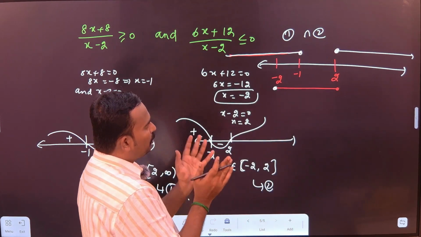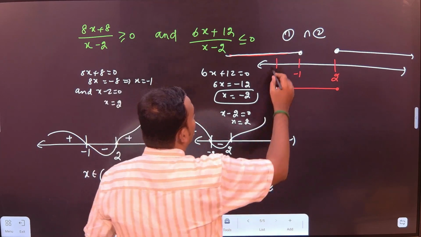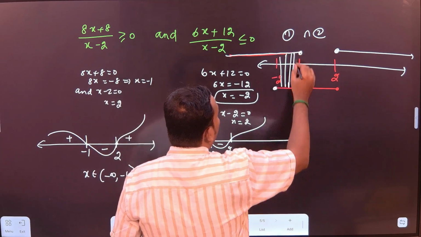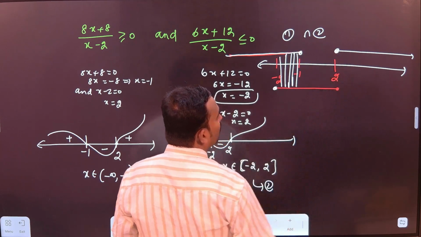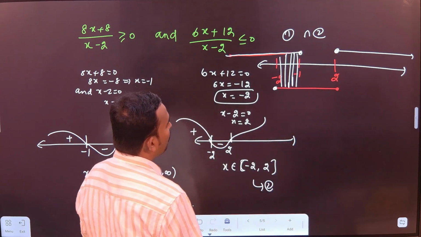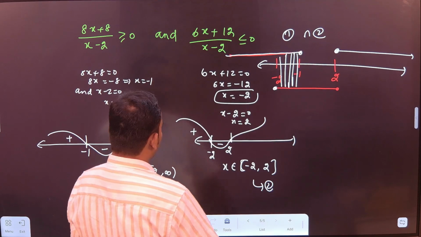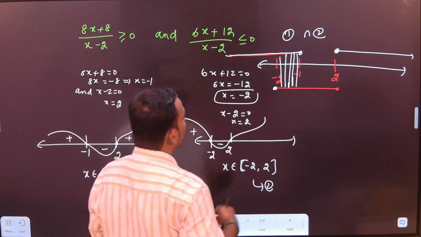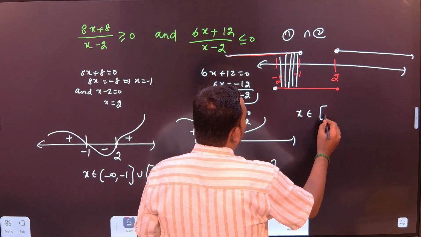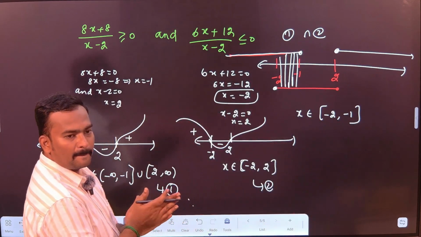So in these 2 intervals, you have to find out which one is common. There is nothing common here, right? So minus 2 to 2, yes, the common will be x belongs to minus 2 to minus 1. Clear? Okay.